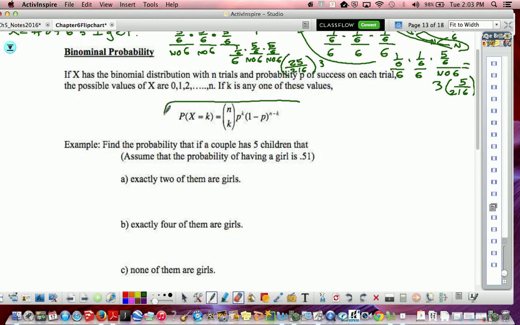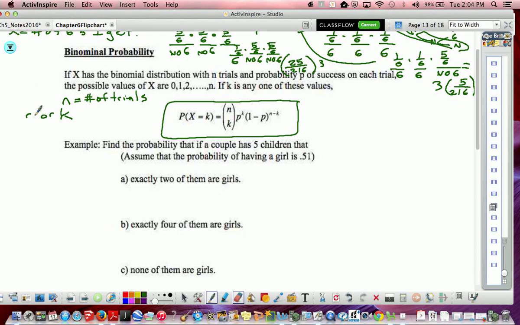This looks a whole heck of a lot more complicated than it actually is. But I want to define a couple things for you. First of all, when we talk about n in this formula, n is the number of trials. K, sometimes we'll use the letter R. R and K are the exact same values.